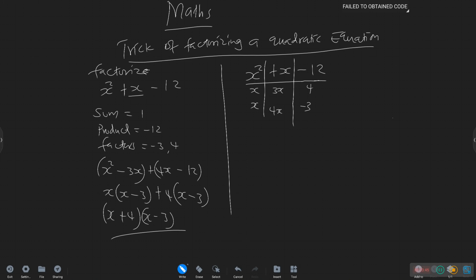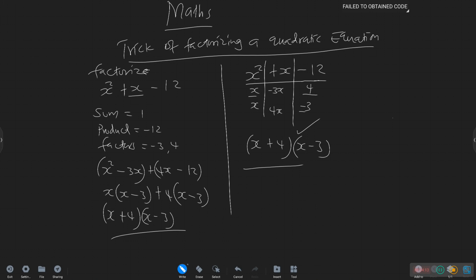So now you add and this gives you x. Therefore you pick this and this with the sign that is here. Here is a positive, so it will be x plus 4. You pick this and this with the sign that is here, which is negative, so it is x minus 3. So you see it is a similar thing, but a very easy way of factorizing.